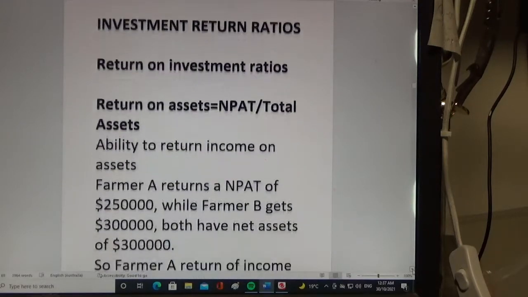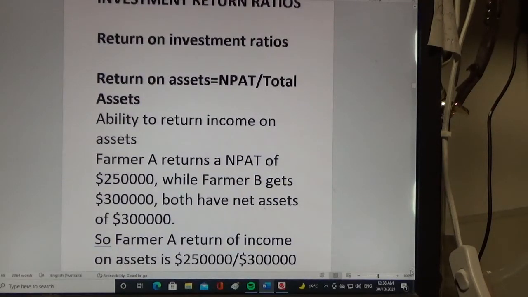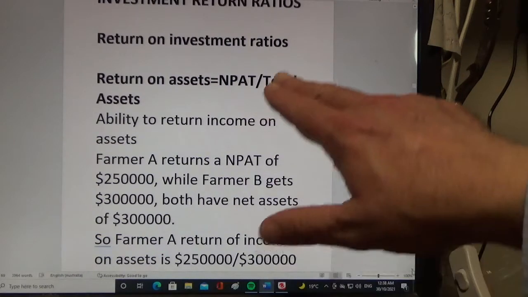Investment return ratios. Return on investment ratios: return on assets equals net profit after tax over total assets. Yeah, that's a fairly important ratio, the ability to return income on assets. Farmer A returns a net profit after tax of $250,000, while Farmer B gets $300,000. Both have net assets of $300,000. That's the denominator.